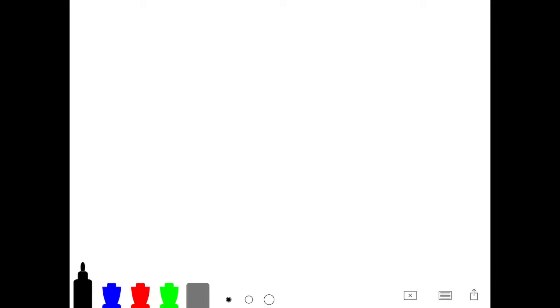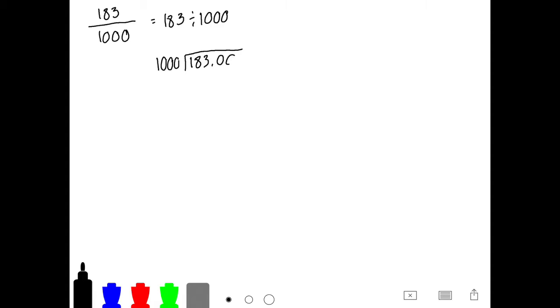Next we have 183 divided by 1,000, which is the same as this. And then to find our decimal, again, we're going to have 1,000 on the outside and 183.00 on the inside.